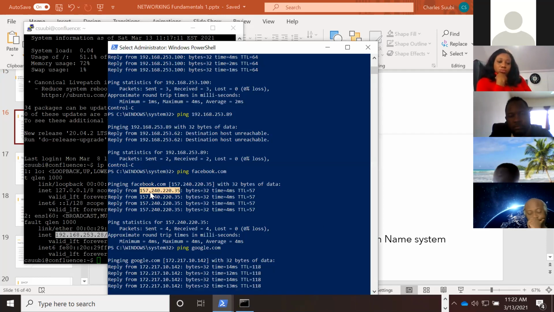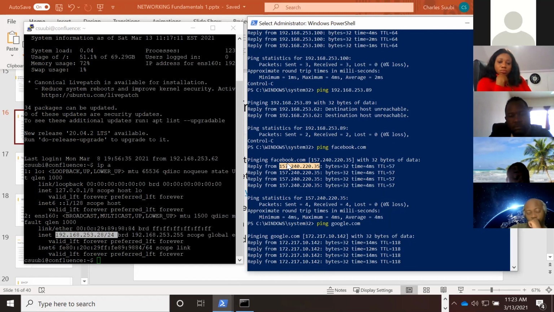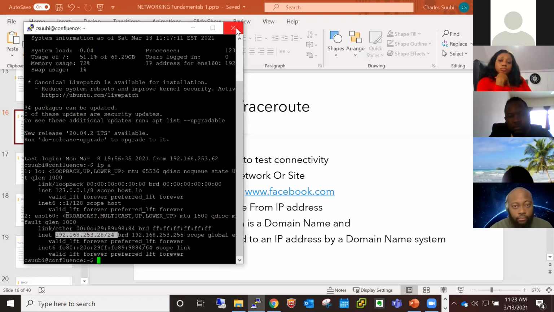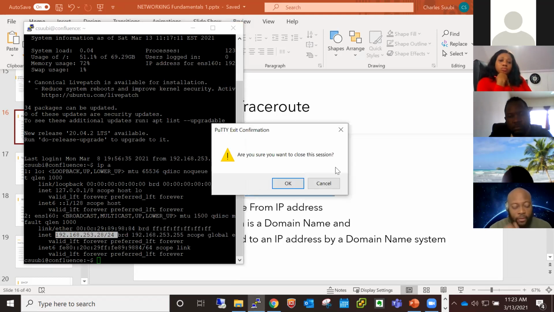Right here, we got back a response with an IP address, not a reply from facebook.com, because a computer is replying to us in a language that it understands, using a protocol that it understands, which is different from what we humans understand better. We humans are more of words, and computers are more of numbers. That's the protocol they use to communicate when they're replying to us. So guys, that's one thing that I wanted us to discuss.